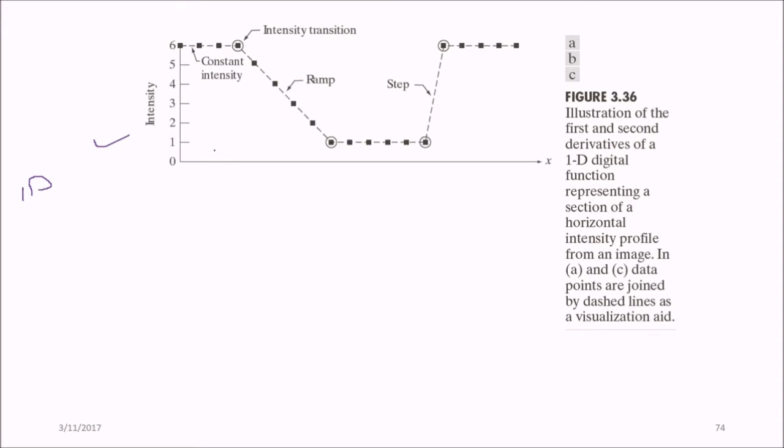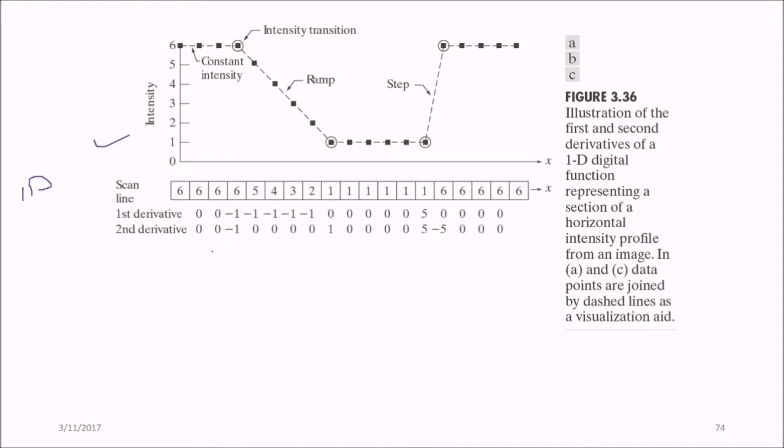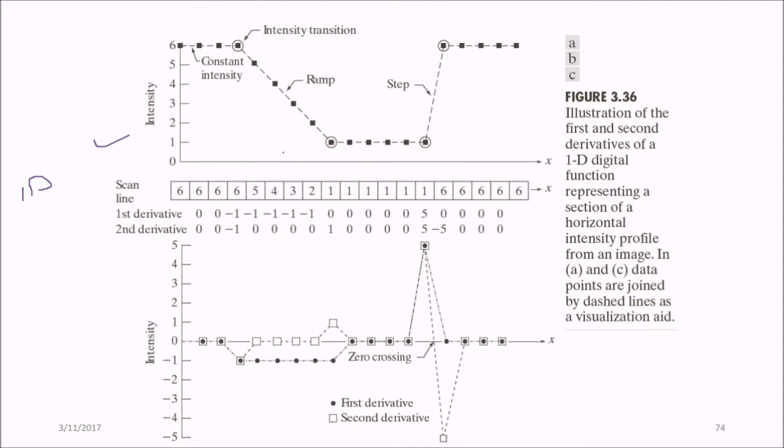And you can see that, let me show you first. So this is your a to c figure. In these three figures, you can see that the points are joined by dashed lines. They are just for visualization aid. But let us start from the first one. So this is the intensity.